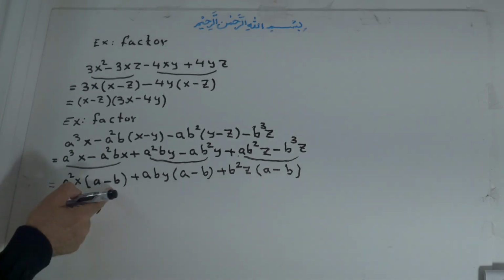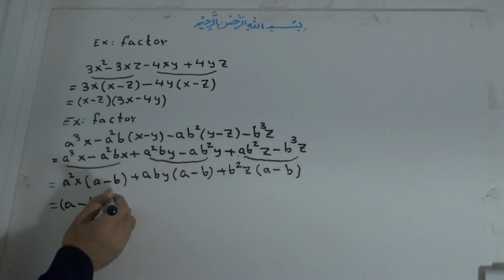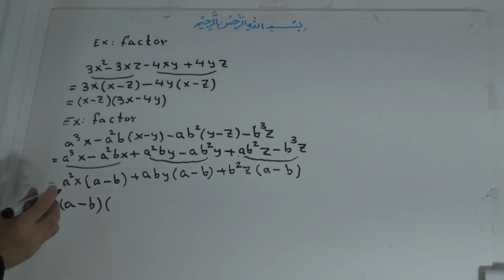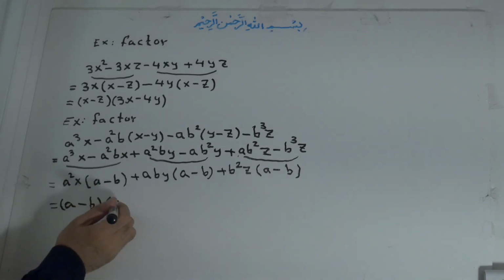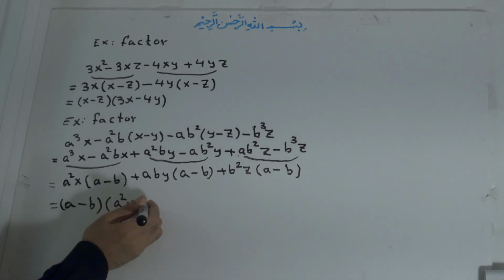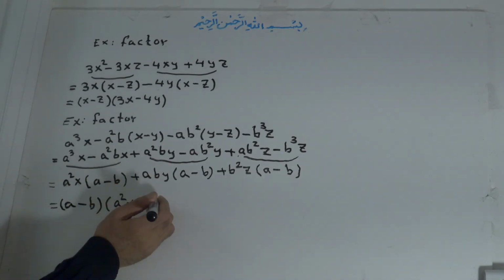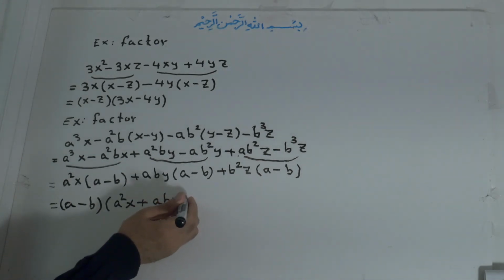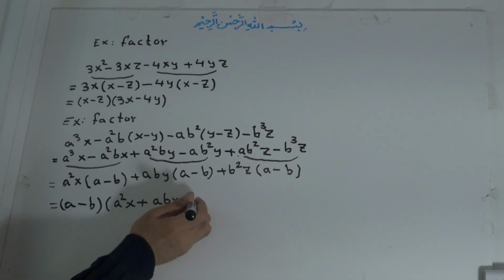We see that here is a minus b here and here. Now the statement remaining is a to the power of 2 x plus aby plus b to the power of 2 z.